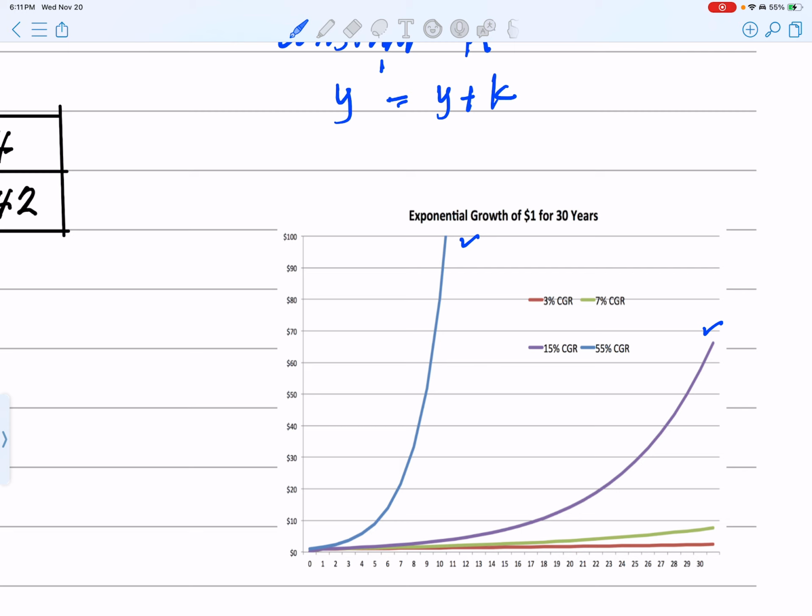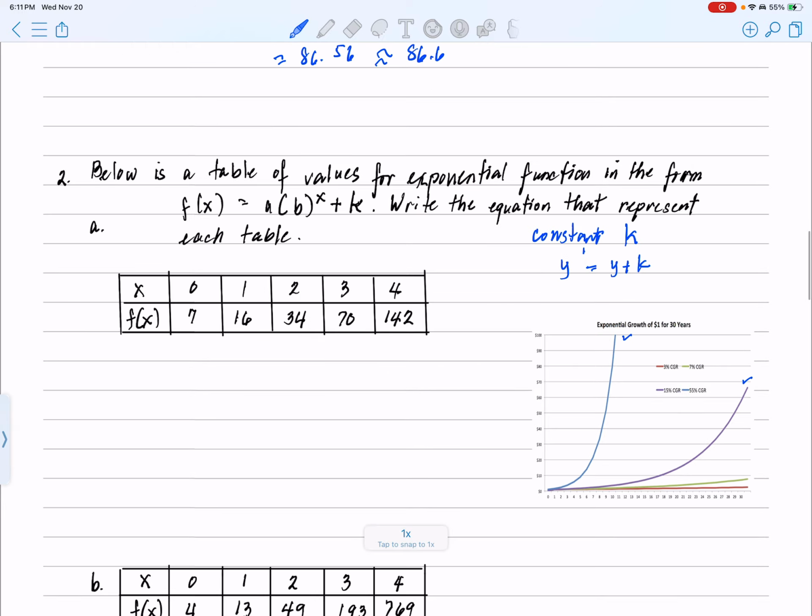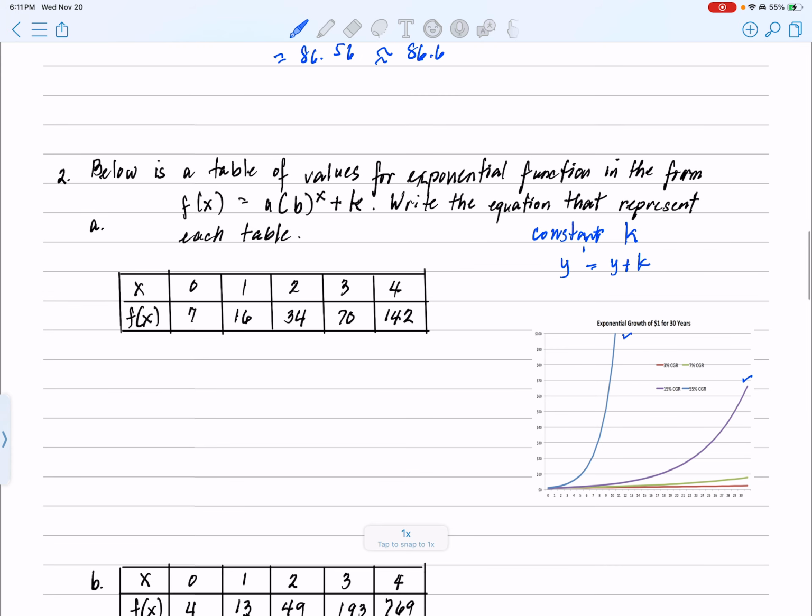Okay, let's do this. As I've said, we'll be getting a certain proportional value and adding it to get the function.